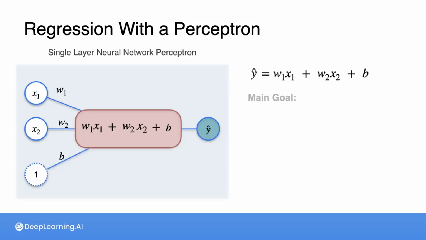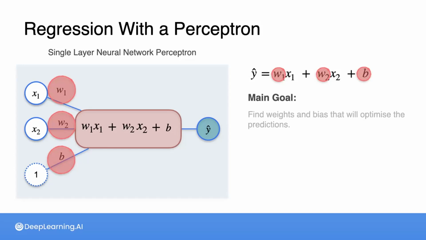And the goal is to find the best w1, w2, and b, the weights and bias, that will optimize the predictions. So the ones that will, when we plug in x1 and x2, give us the closest to the actual price for the entire data set. Now, how do we do this? How do we find these perfect weights? The idea is that we want to minimize some kind of error.